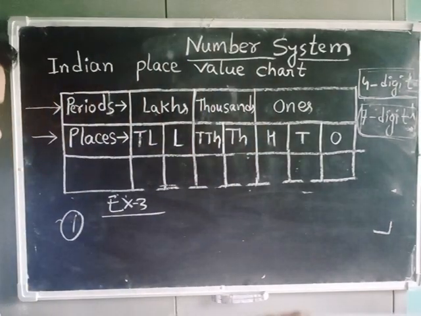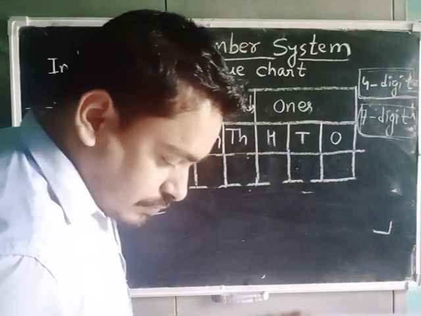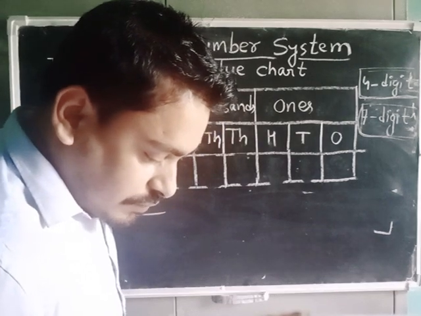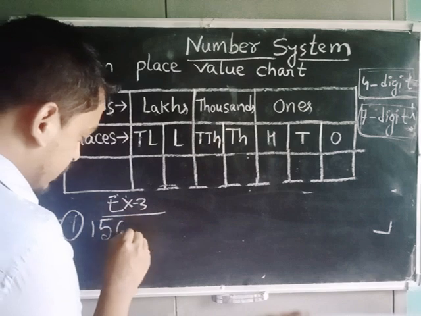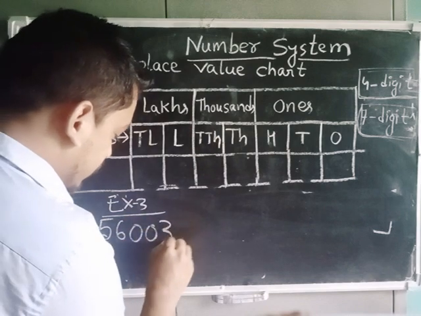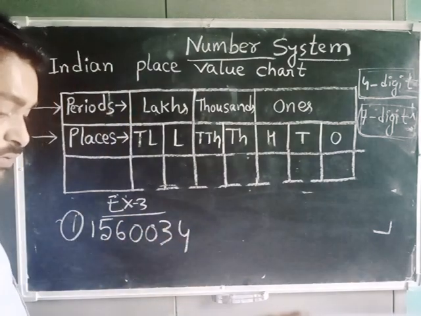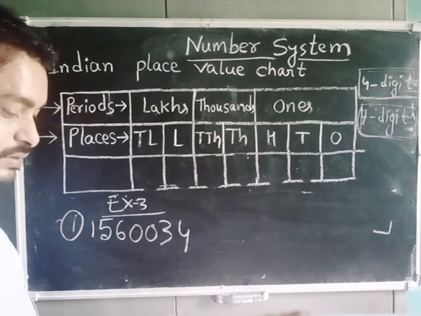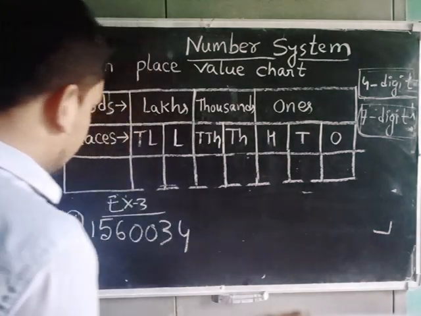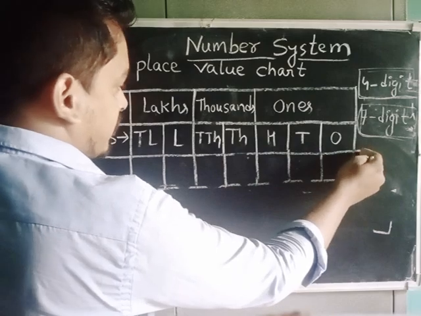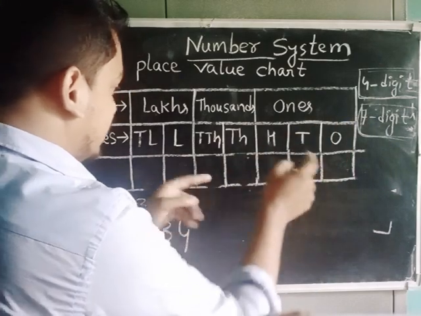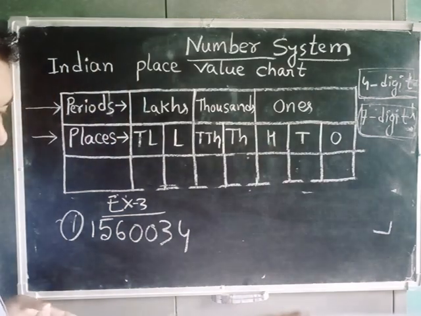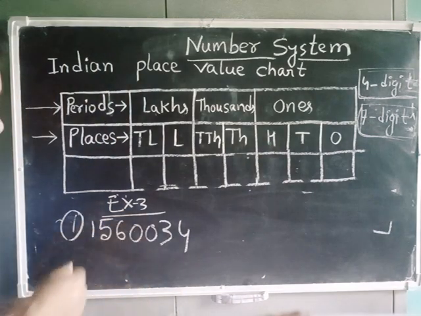Okay, so one number, if we take 1560034. Okay, so for the first question, you have to make this kind of place value chart. Then after you have to place all the numbers in that chart, and again you have to write that number using commas.